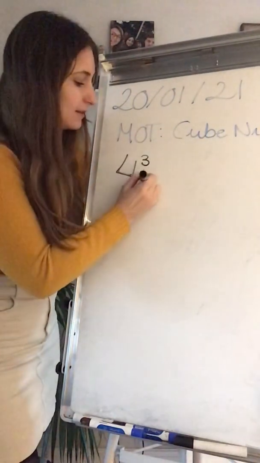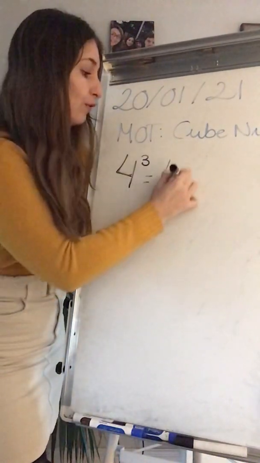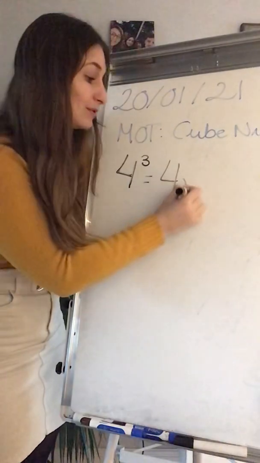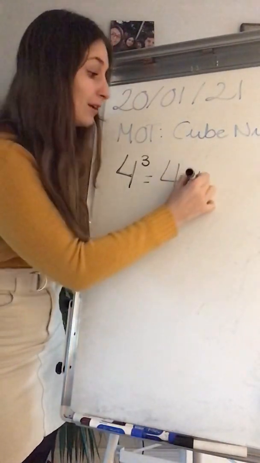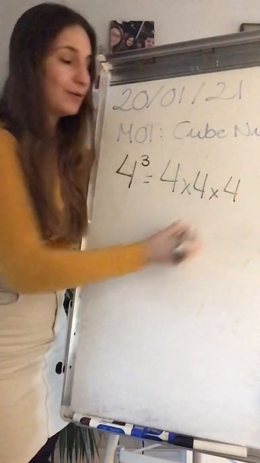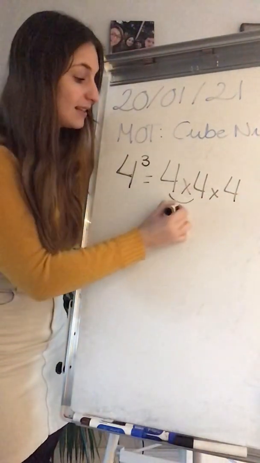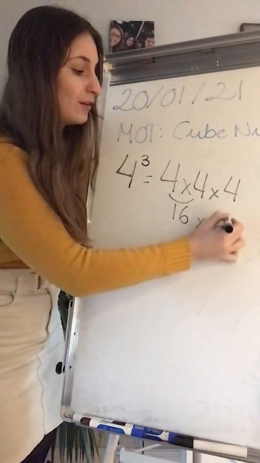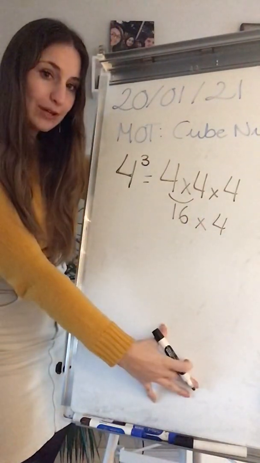And that means that we need to do 4 times itself 3 times. So we need to do 4 times 4 times 4, which is the same as 16 times 4. We will work it out in a minute.